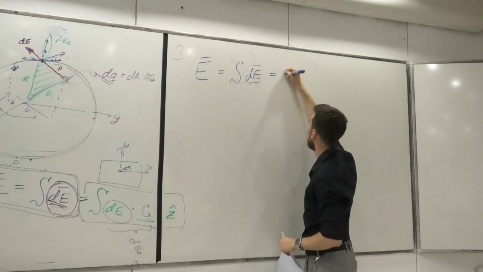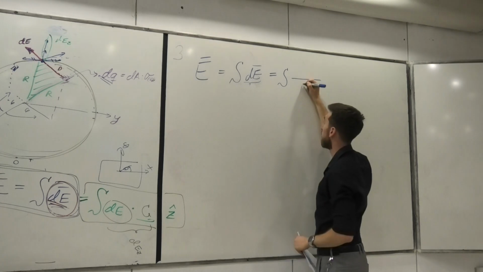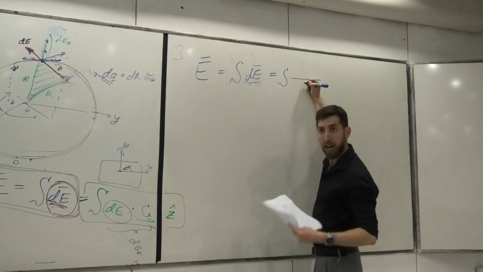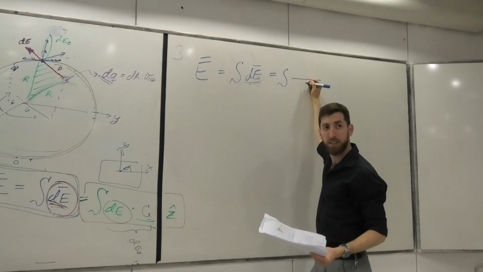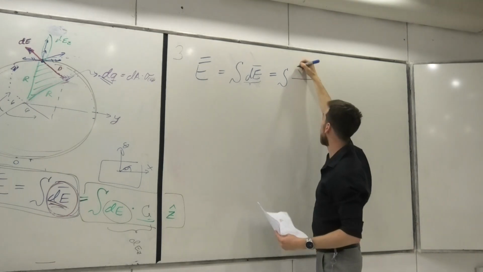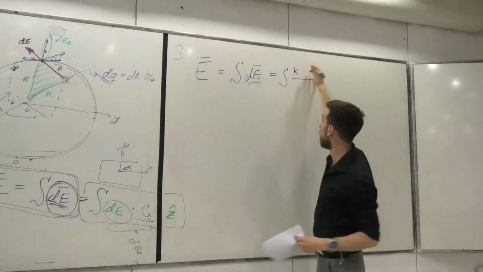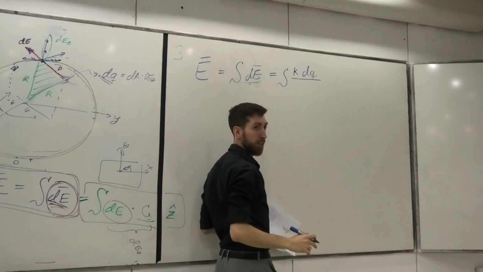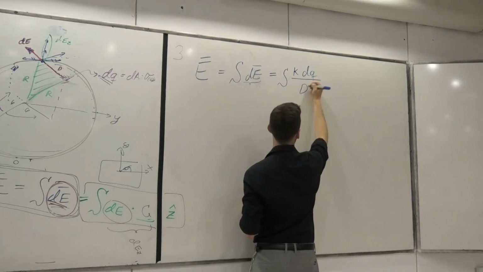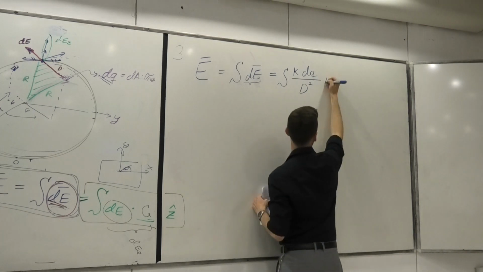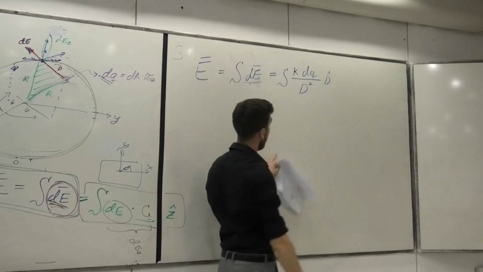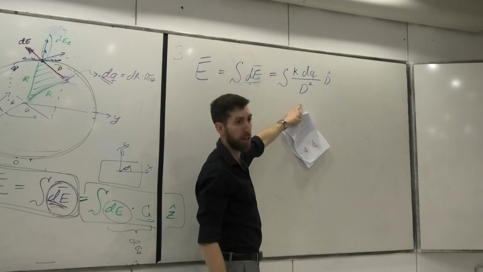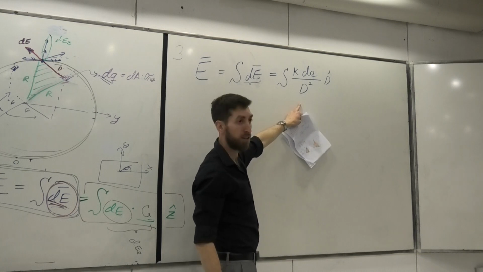Let's remember. Guys, it's your time. What is dE? K dq, good. What else? Over the magnitude of the vector, d squared, and the direction. Right, this is what we have. Is it only one charge? One charge only?